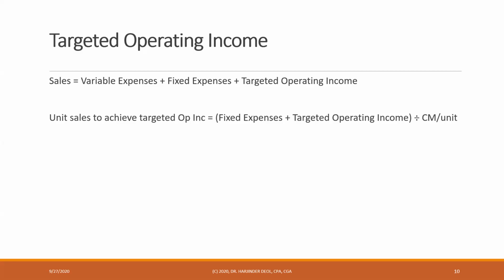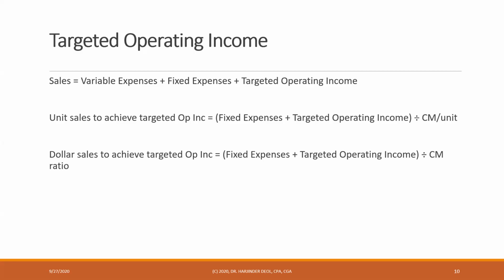If we want to look at the same analysis in dollar sales to achieve, your numerator is not changing. We would still take our fixed expenses plus our targeted operating income, but we are dividing that by the contribution margin ratio. That will give us the total dollar sales to achieve in order to have the target operating income.